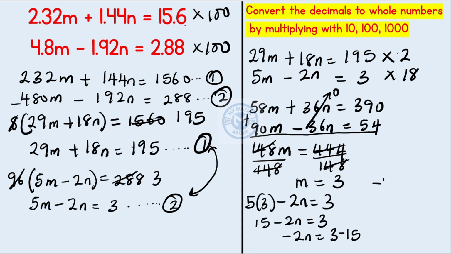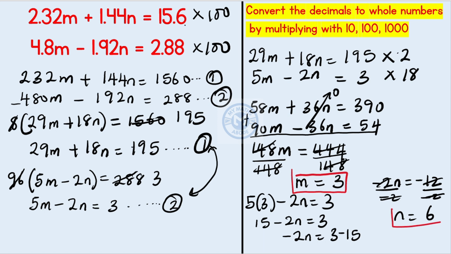And this will be negative 2n is equal to negative 12. Dividing both sides by the coefficient of n, which is negative 2, my n will be equal to 6. So that will leave my answer to be m equal 3 and n equal 6.